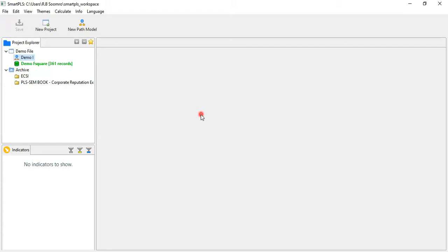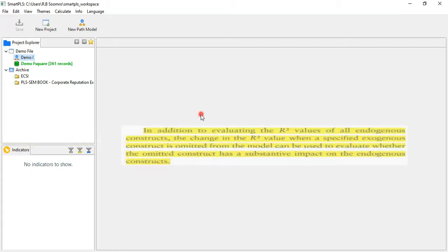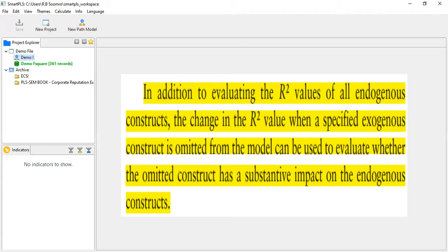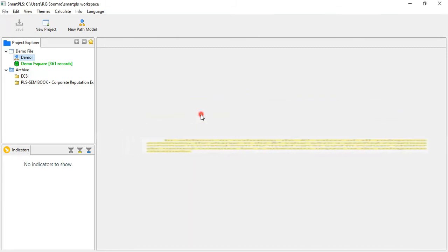It is written that in addition to evaluating R square values of all endogenous constructs, the change in R square value when a specified exogenous construct is omitted from the model can be used to evaluate whether the omitted construct has a substantial impact on the endogenous construct.